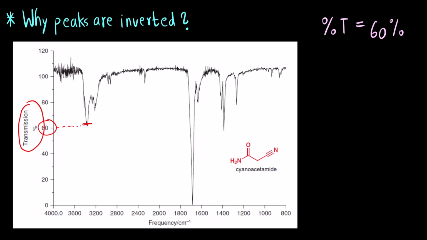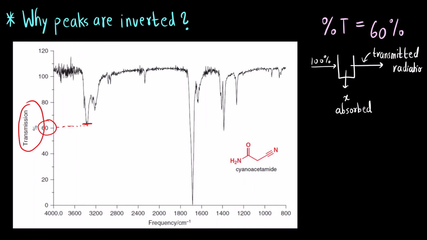Suppose I take any sample. Initially there is 100% intensity. Some amount X will be absorbed, and the remaining part is called the transmitted light or transmitted radiation.